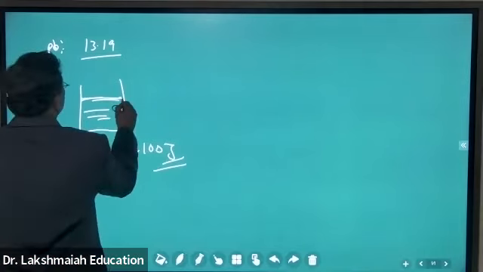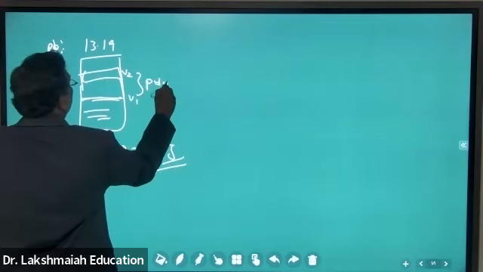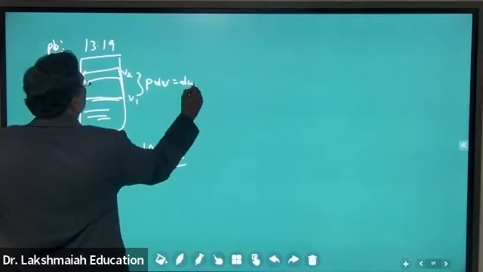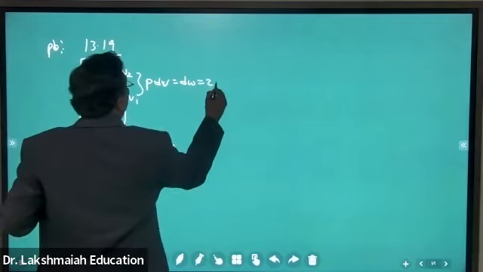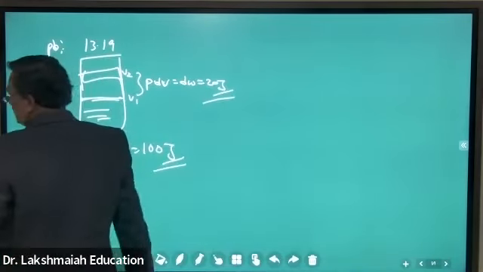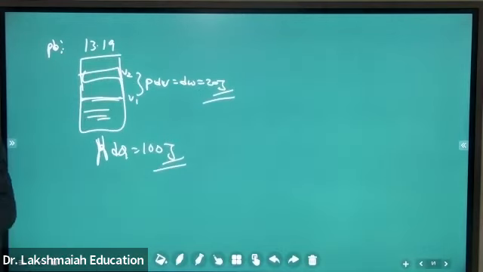Means the piston is moving from V1 to V2. That is P dV, that is dW, which they have given as 20 joules. The system is brought back to its original state.